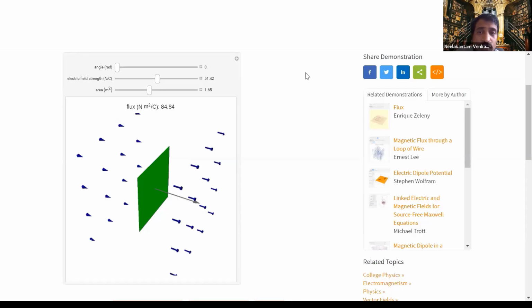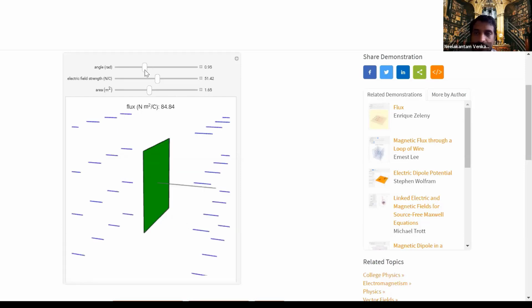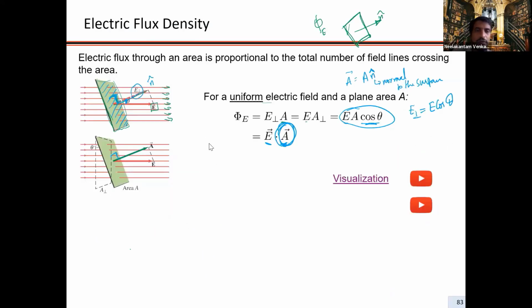Since it's 0, cosine 0 is 1. So it's just simply the multiplication of this and this. You will notice that it is not only proportional to the electric field and not only proportional to the area, but it is also proportional to the cosine of the angle.